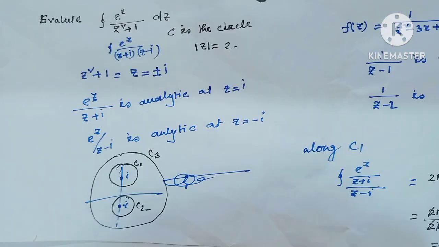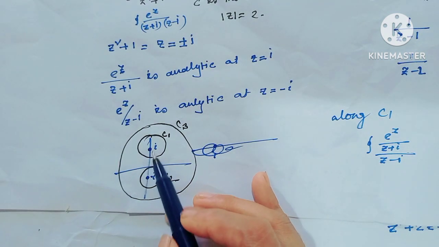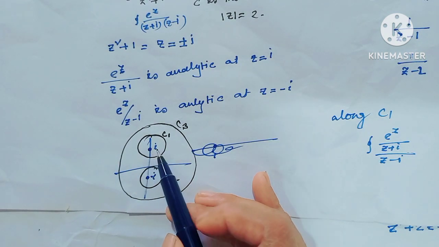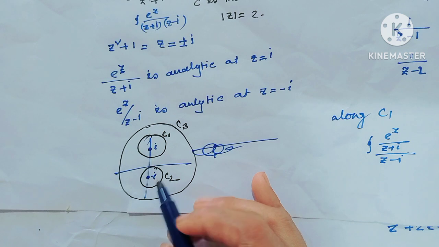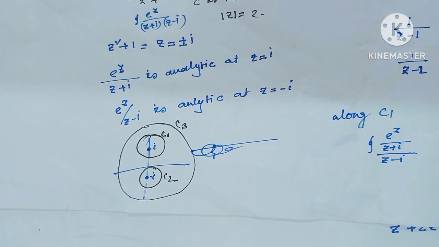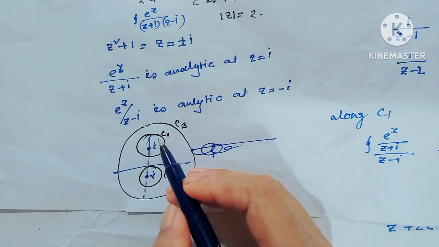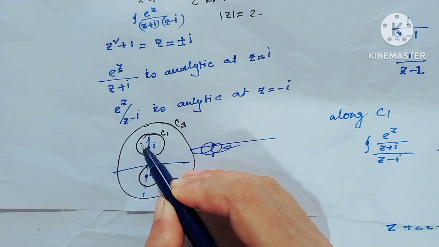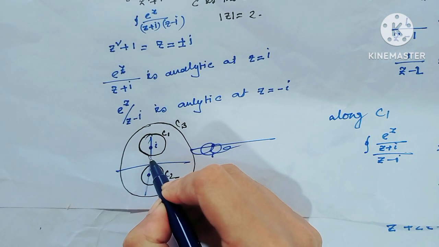Now we have to find the integration along the curve mod z equal to 2. And in mod z equal to 2, there exist two singularities, at the point i and at the point minus i. So now we can connect these two contours by the multiply connected Cauchy-Goursat theorem.